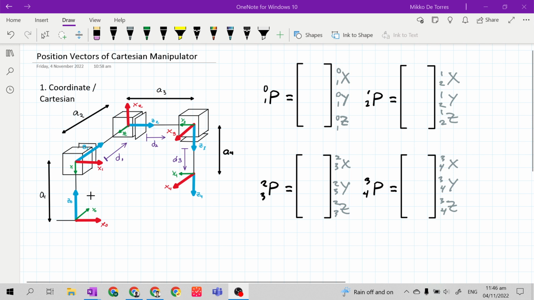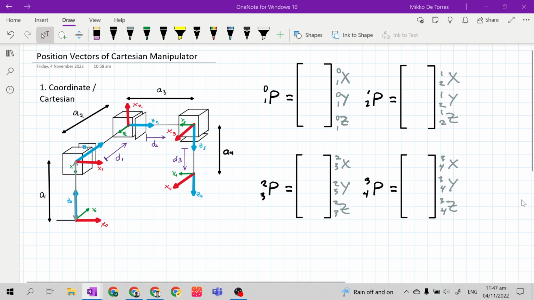Okay, so let's go to the base. From frame 0, the distance between the origin of frame 1 and frame 0 along the x sub 0 axis, where frame 0 is the reference frame, is 0. Why 0?